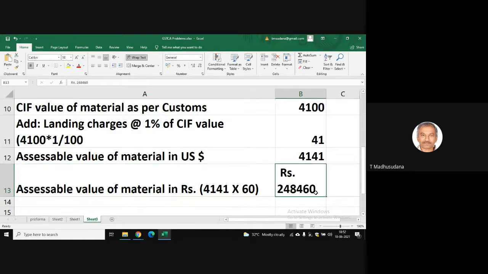So accordingly, we have multiplied the US dollars with 60. So the assessable value of material in Indian currency is 2,48,460 rupees. This is how we have to calculate the assessable value when the CIF value is given, when the importer has purchased the goods at CIF value.